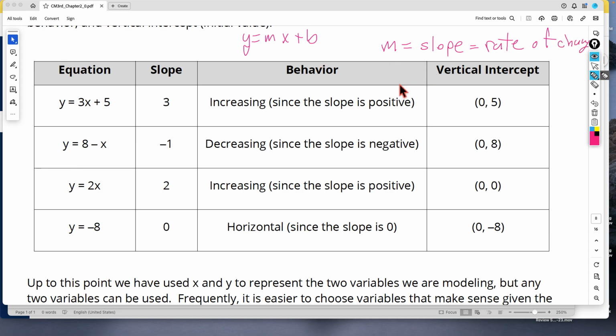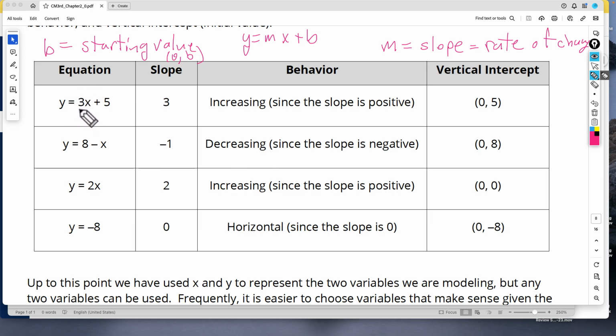And that b is our starting value. So it's the place when x is equal to 0. So I'm going to put that here, (0, b). We always get that point. So this is just sort of defining things.